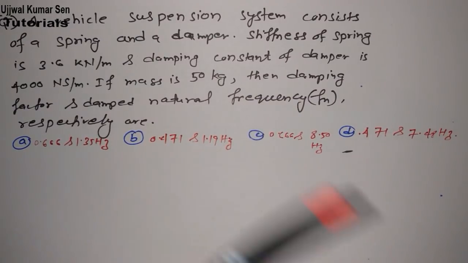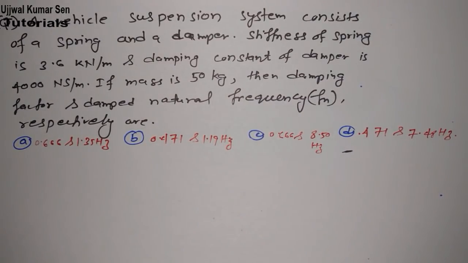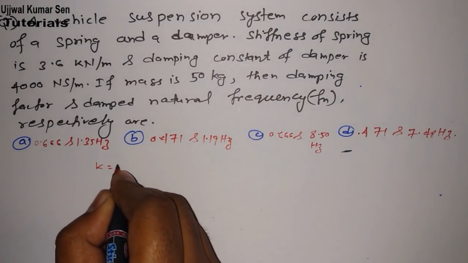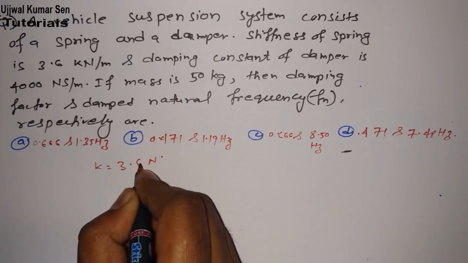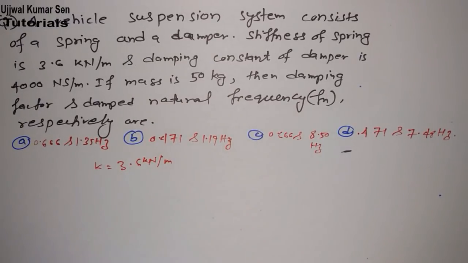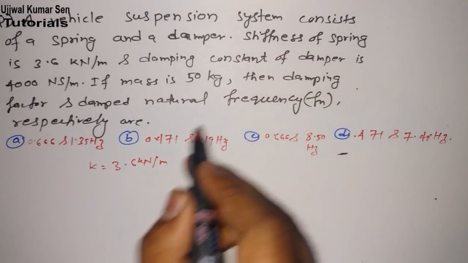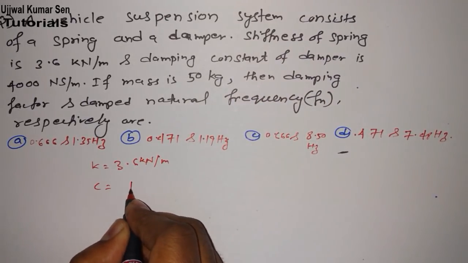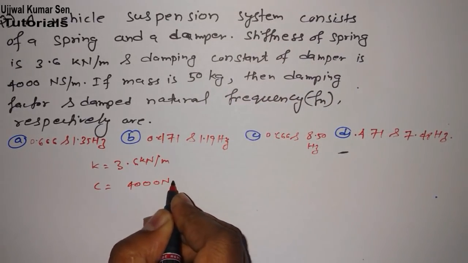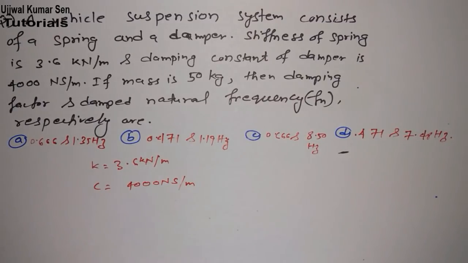So let's go for the problem. In this problem, they have asked: a vehicle suspension system consists of a spring and a damper. The stiffness of the spring, write down, K is 3.6 kilonewton per meter. Here you will make a mistake, I will share with you. The damping constant of the damper, that is C, is equal to 4000 Newton second per meter.